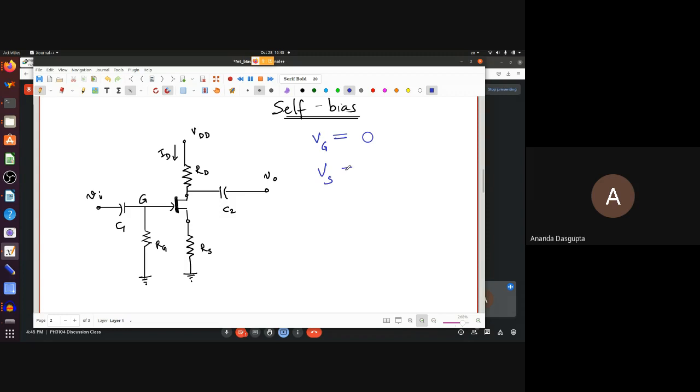How much is VS? This is the source, this is the drain, right? How much is VS? VS, remember, once again, is the voltage between the source and the ground. And how much is that?